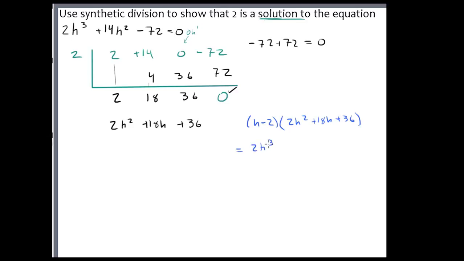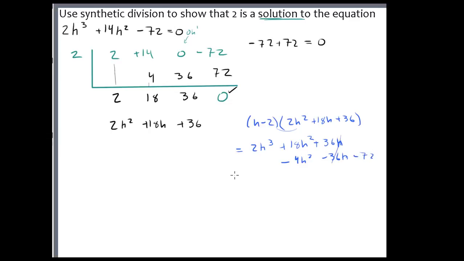So 2h cubed, good so far, plus 18h squared plus 36h, minus 4h squared, oops, this is h squared, minus 4h squared minus 36h, good, that'll cancel, and then minus 72.